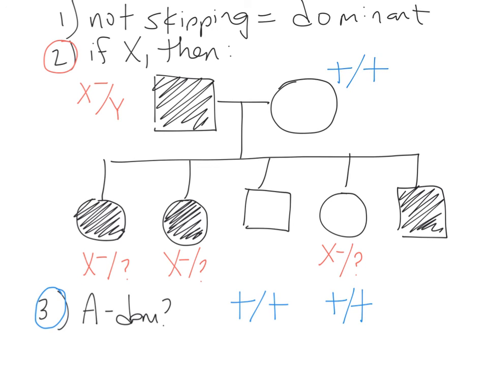We know their genotypes. We're going to try to figure out the genotypes of the parents. If we can do that, then we should be able to figure out the genotypes of the affected kids. Should the mom be plus? Right. If this is dominant, then any unaffected individual we know is homozygous wild type.